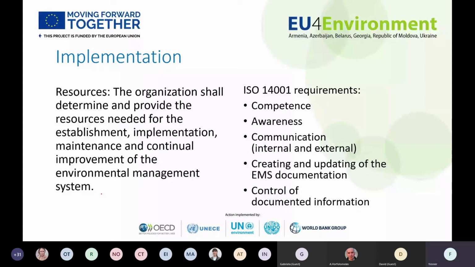This is this element. How are we identifying needs during the internal audit, in regular conversation with the employees, whatever, and what are we doing in terms of measures to increase the level of awareness? Same procedure with communication.